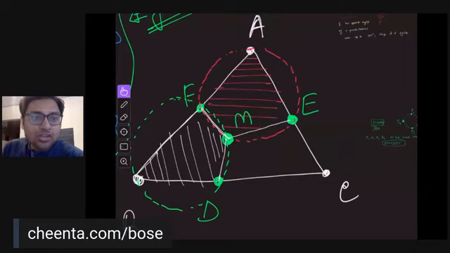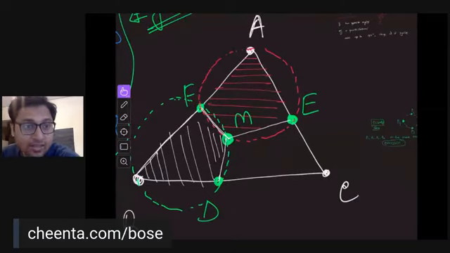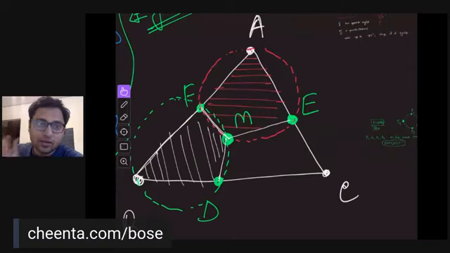So can anyone show that opposite angles will indeed add up to 180 degrees? It's not hard. You can think and do this actually on your own. But while you try this, let me tell you what is surprising about this problem.